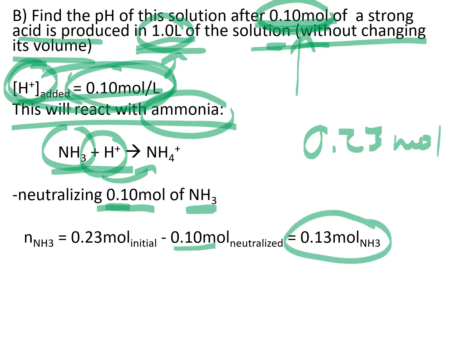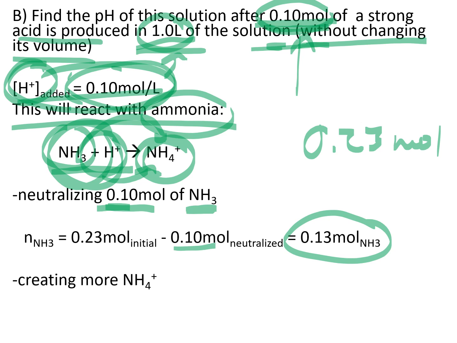So the new equilibrium concentration, again assuming X is going to be small in the equilibrium adjustment, would be the initial ammonia concentration, but because we're assuming we can ignore X, we're going to use that as our equilibrium value as well. But we need to realize that as this 0.1 moles of ammonia gets used, we are going to end up producing an extra 0.1 moles of the ammonium.